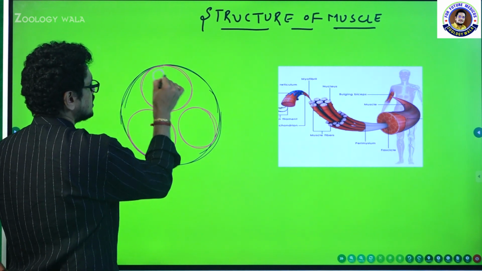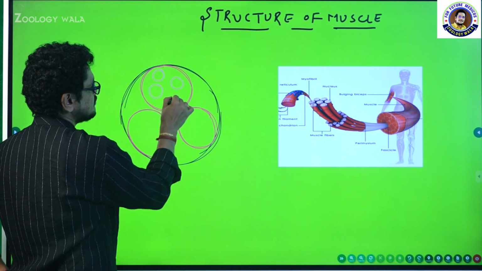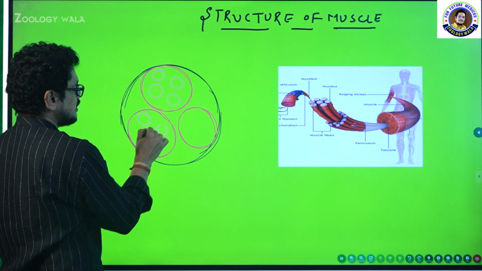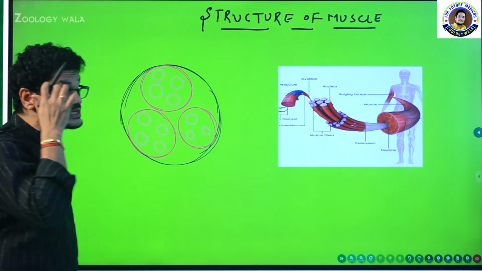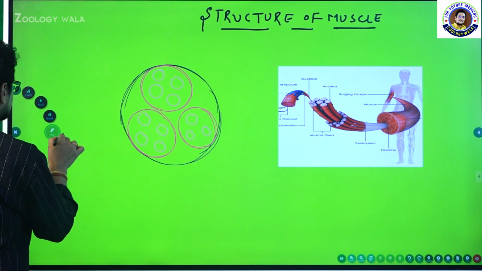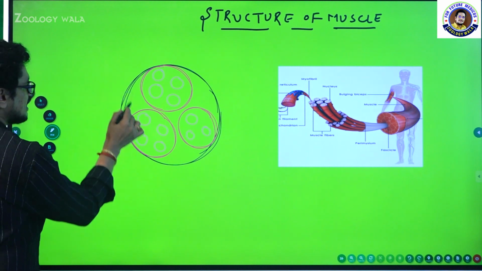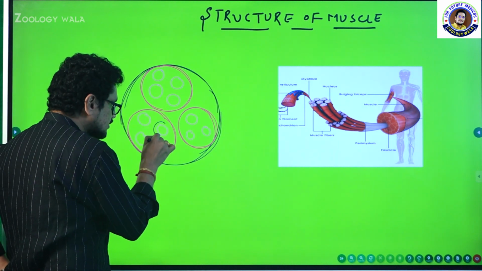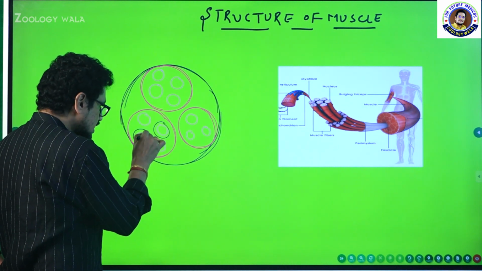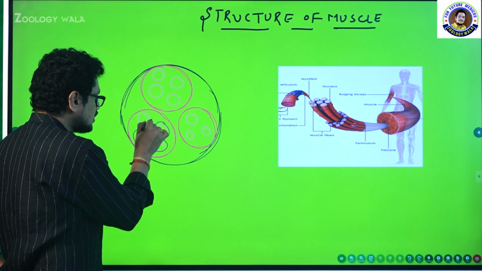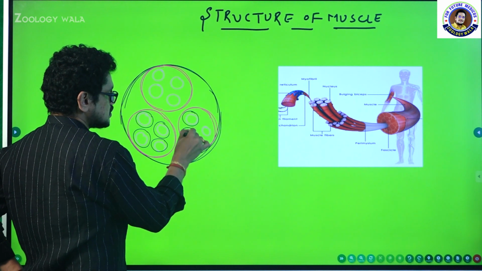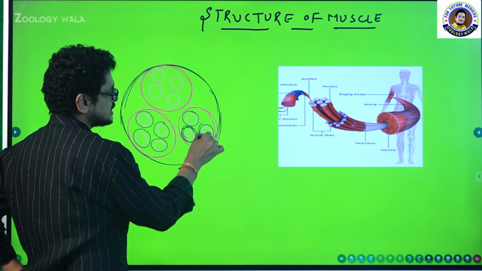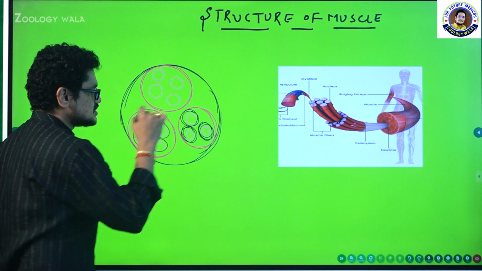See here, this is one muscle fiber. Like that, a number of muscle fibers are present, and each individual muscle fiber is also covered by a layer. What is this layer? This is the third layer, called endomysium. This is the sheath present here, and this is endomysium.